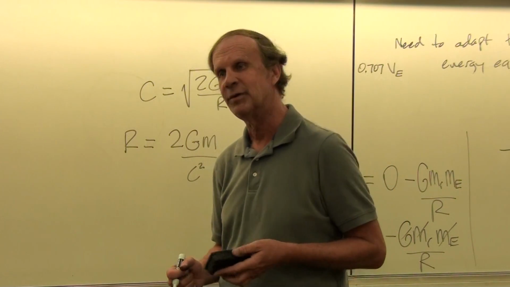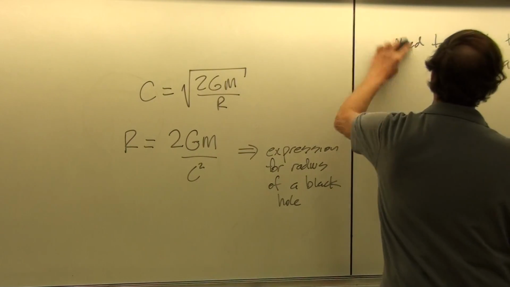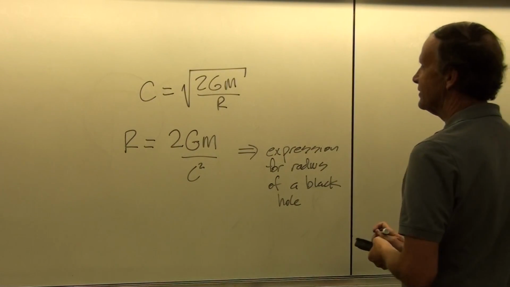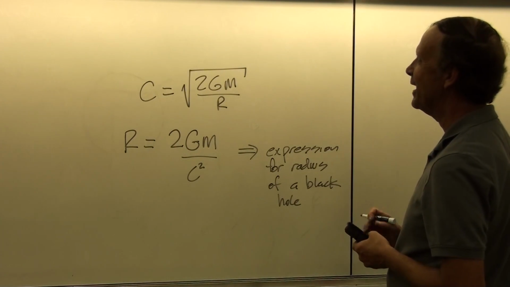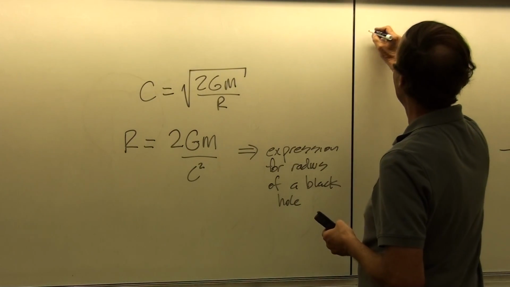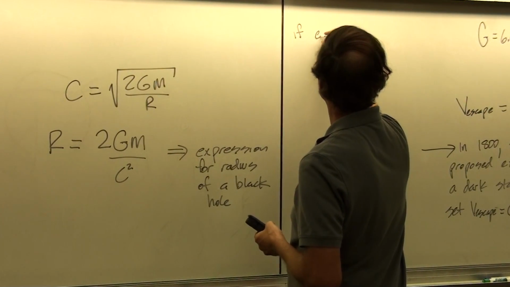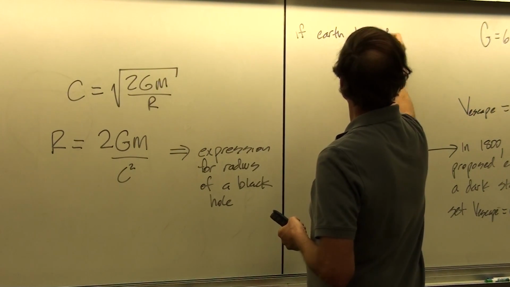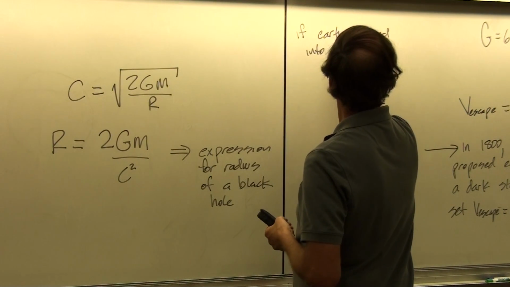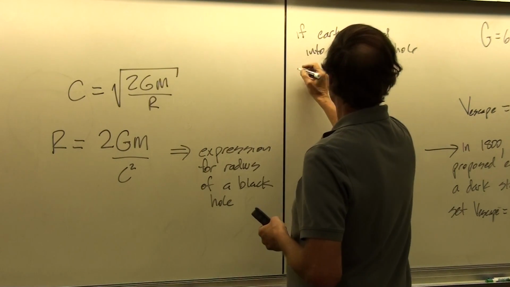How big would the Earth be if that were the case? So let's not worry too much about whether this is really going to happen or not. But let's just ask, if somehow the Earth turned into a black hole, how big would it be?